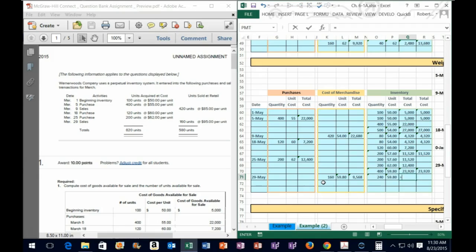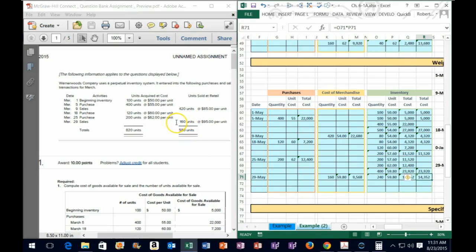So if we multiply that out, we have 240 times 59.80 gives us the 14,350. Then I'm just going to pull that over to the end here, or I can do another calculation. This equals the 240 times the 59.80, that same 14,350.